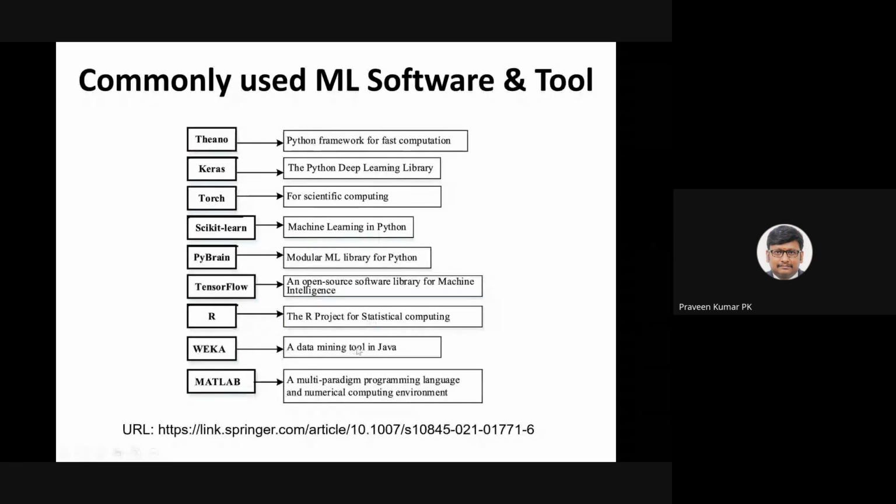Weka, a data mining tool in Java. MATLAB, a multi-paradigm programming language and numerical computing environment. Some are also using Theano, a Python framework for fast computation. The advanced developers are using this kind of machine learning tool. Torch for scientific computing. Okay, PyBrain, a modular machine learning library for Python.